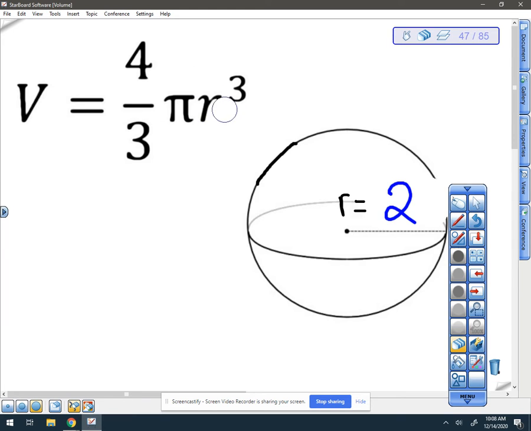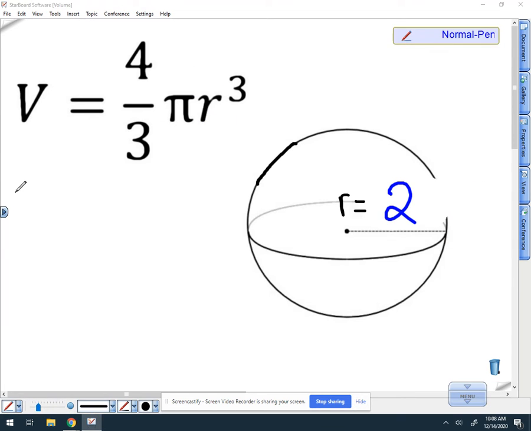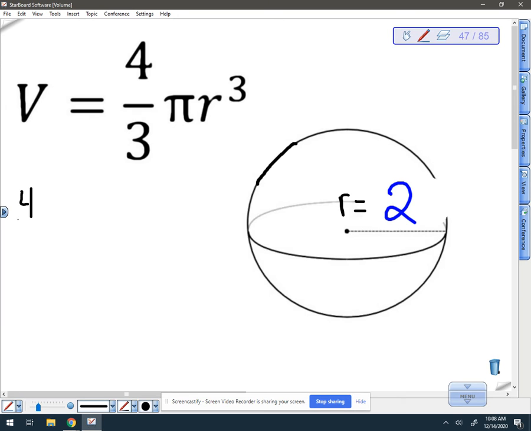So if we write this out, we've got 4/3 times pi, which is 3.14, times the radius, which is 2, and then you just have to remember that it's to the 3rd power, and that's it. Put that in the calculator, and it's done.